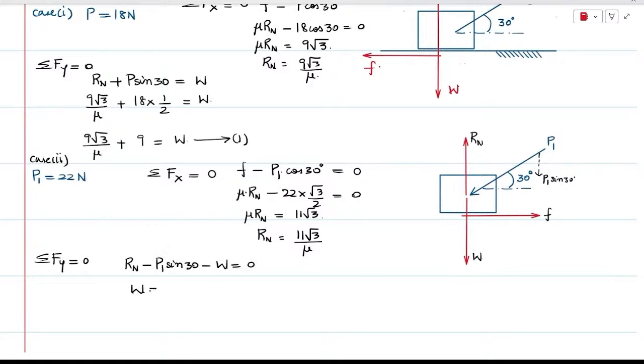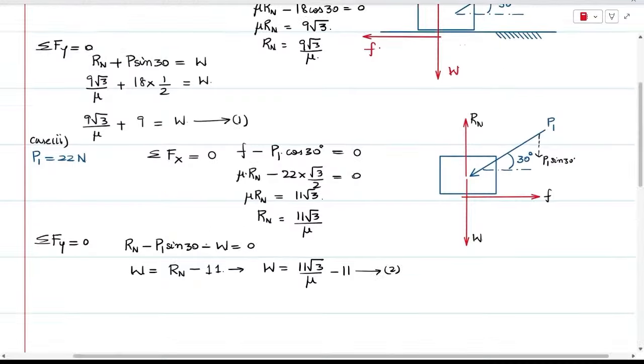So we get W is equal to Rn minus P, which is 22 into sine 30, which is 1 by 2, that is 11. So W is equal to Rn minus 11, or else in place of Rn it can be expressed as W is equal to 11 root 3 by mu minus 11. This would be equation number 2.